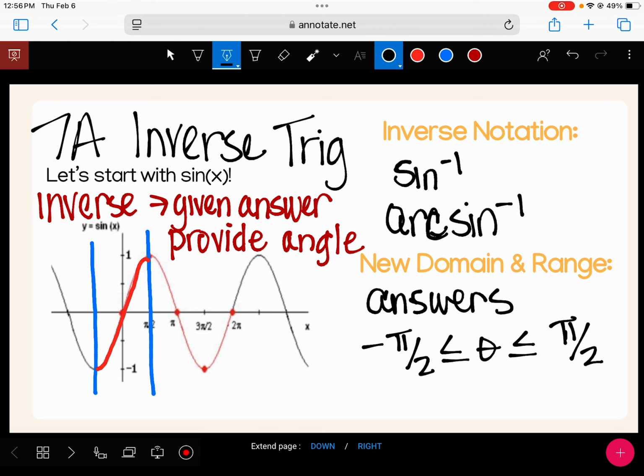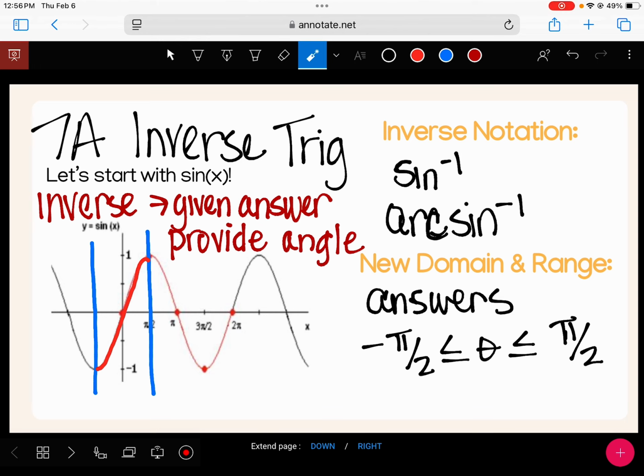So all of your answers, if you're giving me an inverse sine or inverse cosine, because if you look at this little piece of the wave that I've cut off, this boundary line is -pi/2. This boundary line is +pi/2. So all of your answers should fall between -pi/2 and +pi/2.